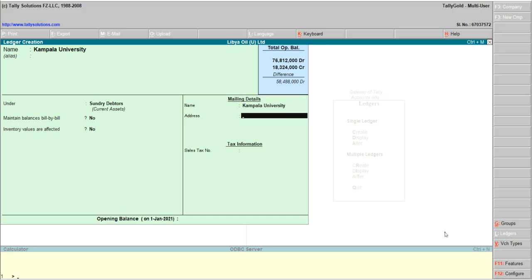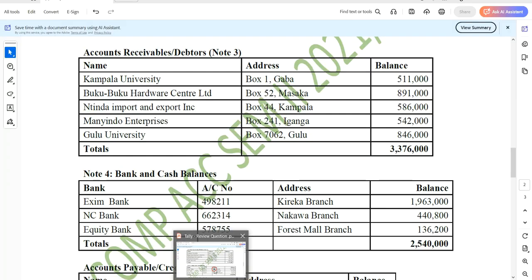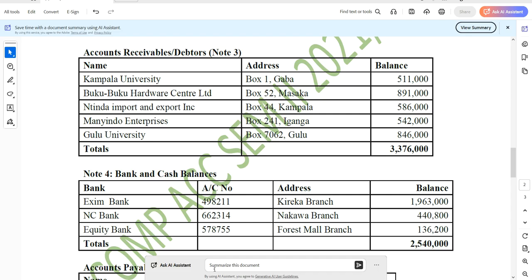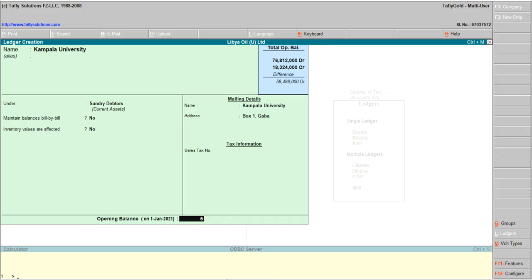No. The addresses are given. Please enter the address. Kampala University, the address is box 1 Gaba. Opening balance is 511,000. Debit, these are assets.